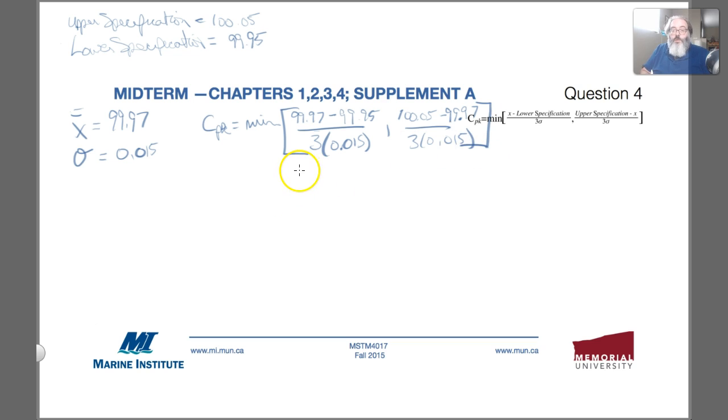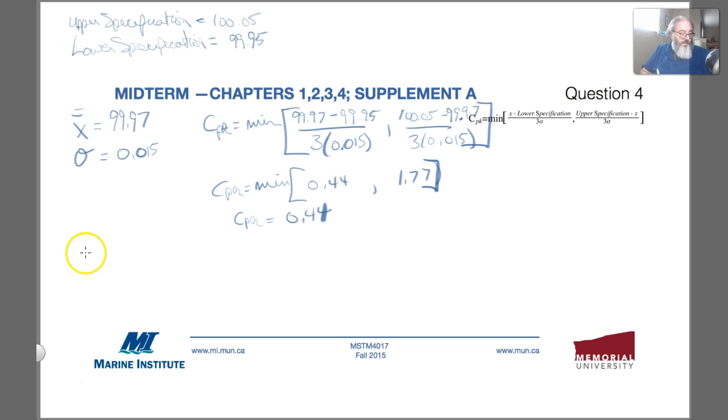Just plugging them into a calculator, I came out with the minimum of 0.44 and 1.77. So our process capability index for the existing process is 0.44.